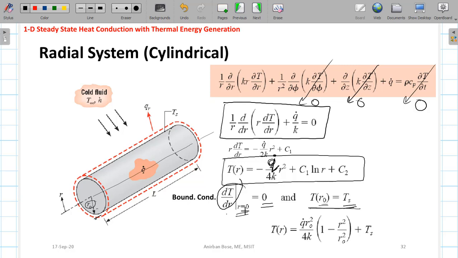If you use these two boundary conditions, definitely you can find out what is C1 and C2, and your final temperature field will be this one. In this way you can find out the temperature field in case of a radial system for cylindrical.